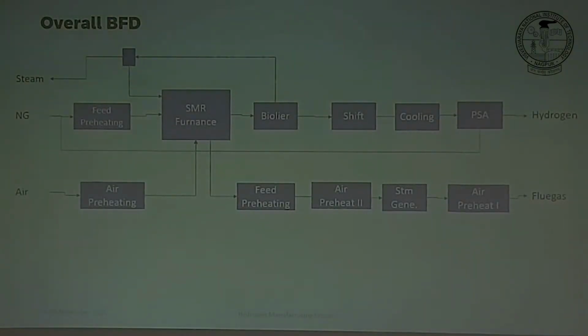And when we talked about steam generation here, we had steam requirement from external sources. But once we started to generate steam here, suddenly we have excess steam generated, more than required in the reactor system. And that's why our block diagram now changed from this side to this side, right?